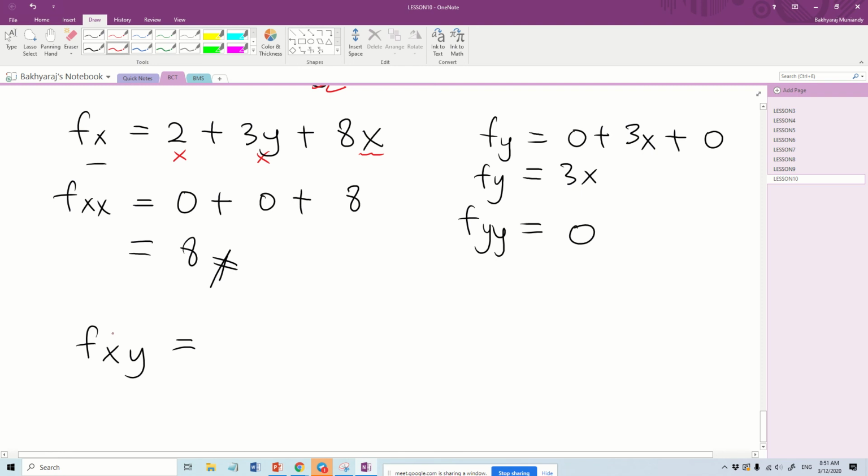We go for fx first and differentiate the function with respect to y. So we need to go with function f, and then after that differentiate to y.